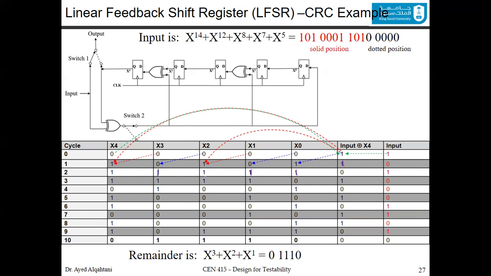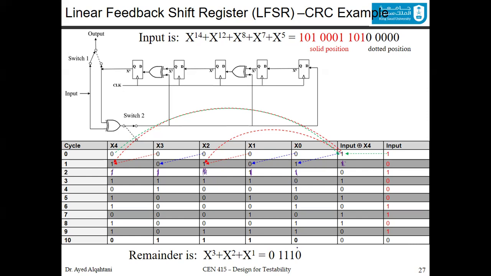Now you just need to calculate this one and this one, and you do it by doing the XOR of 1 with the value here, 0. So 1 and 0 is equal to 1, and 1 and 0 here is equal to 1, and this way we got this number.